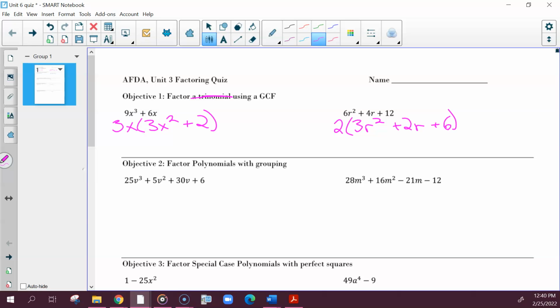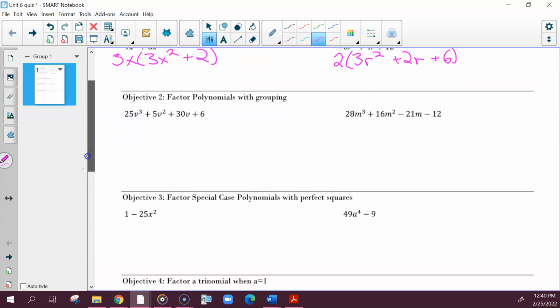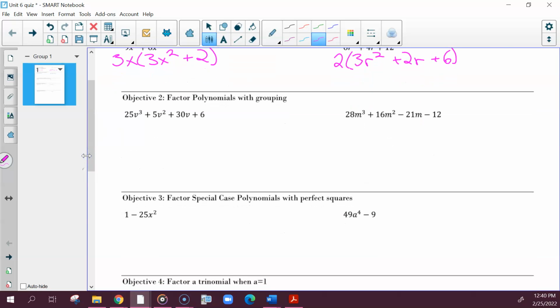For the second objective, factoring with grouping, we need to split this down the middle. Then we're looking for the GCF of the first 2, and then the last 2. Of the first 2, what do these have in common? 5b squared.